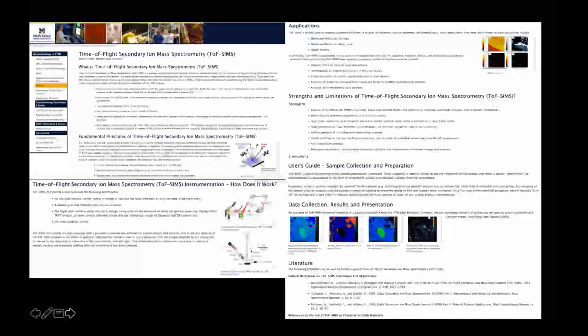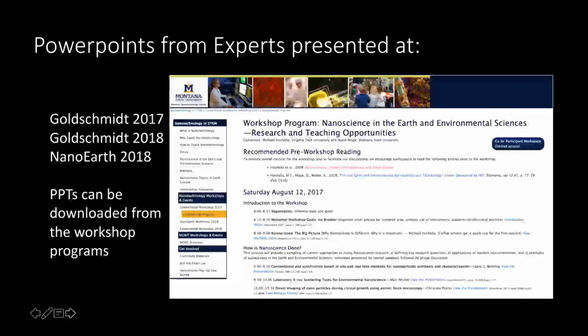But again, we try to present just the basics about what the instrument is, some of the fundamental principles, how the instrument works, typical applications, strengths and limitations, and then some examples of how we collect the data, present the data, and then supporting literature as well. So if you want to know how we study and characterize nanoparticles, please think about going to these instrument sheets.